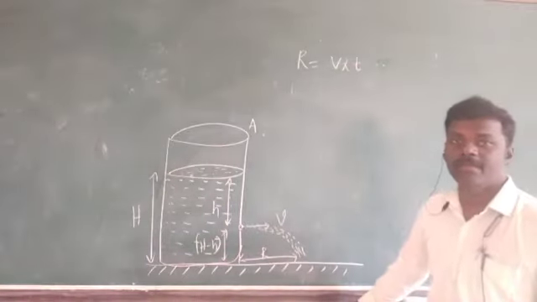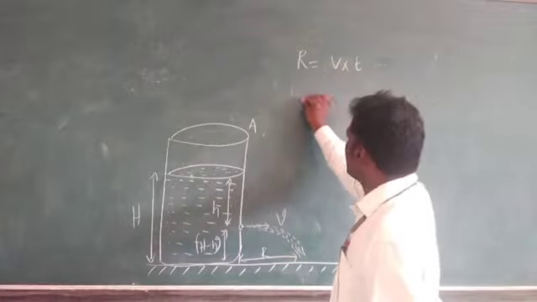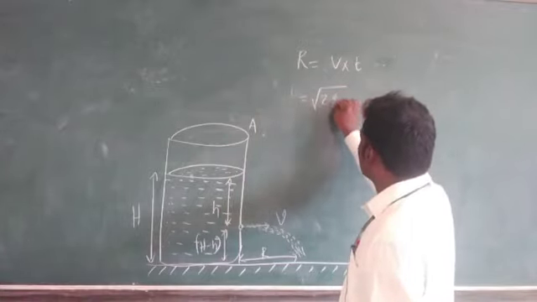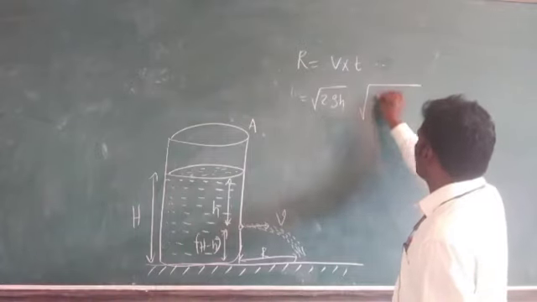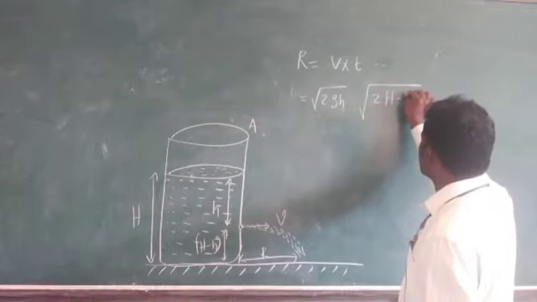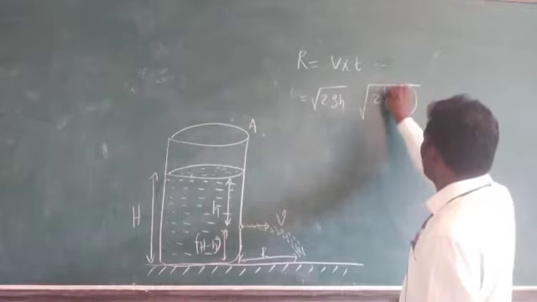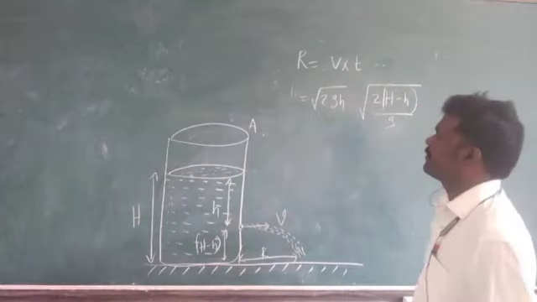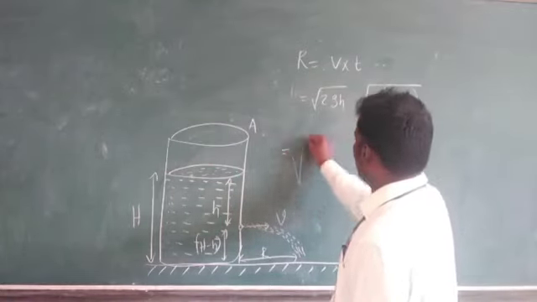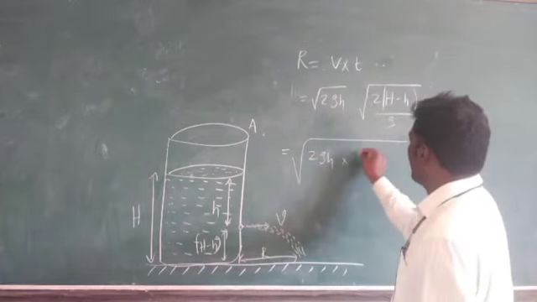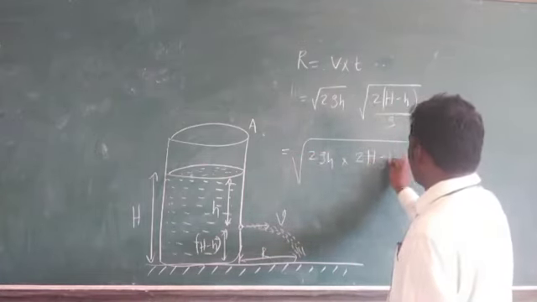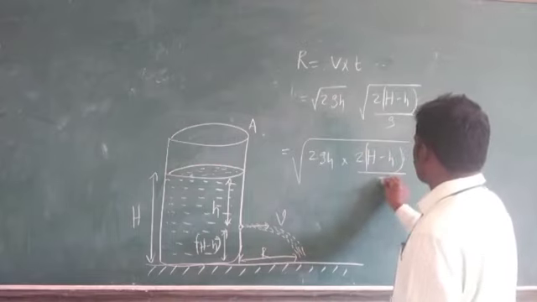The velocity is root over 2g small h, into time, that is root over 2 into capital H minus small h by g. So together, root over 2gh into 2 into capital H minus small h by g.